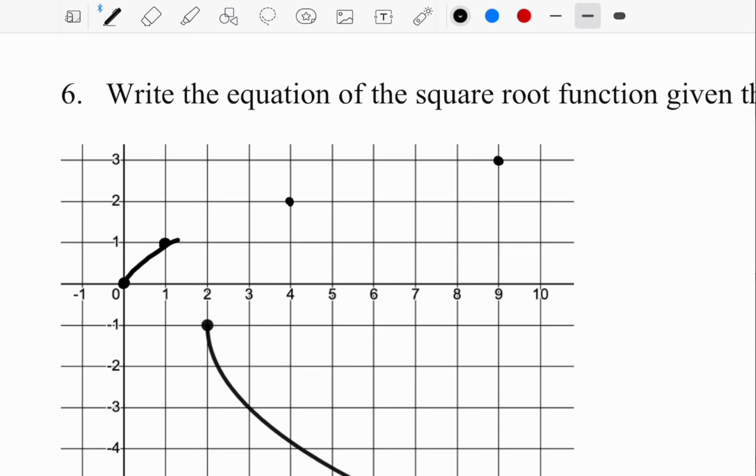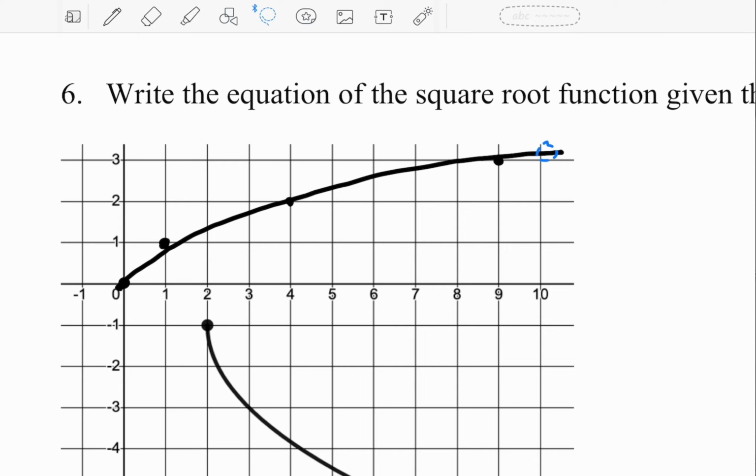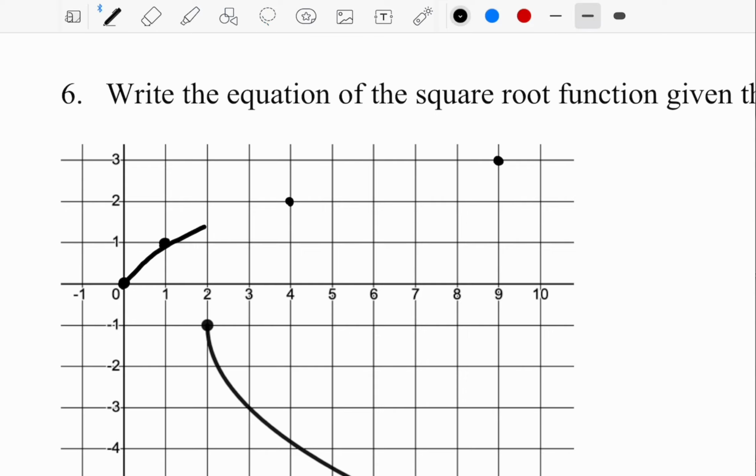All right, that's my parent function. Okay, kind of missed, but okay, doing that again. All right, so that's f of x is equal to the square root of x.